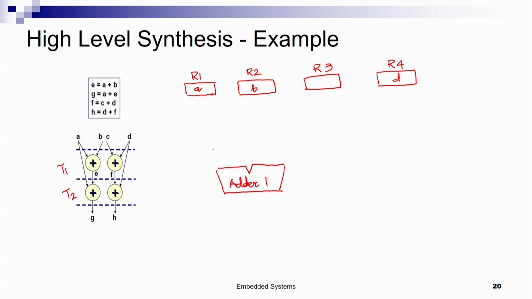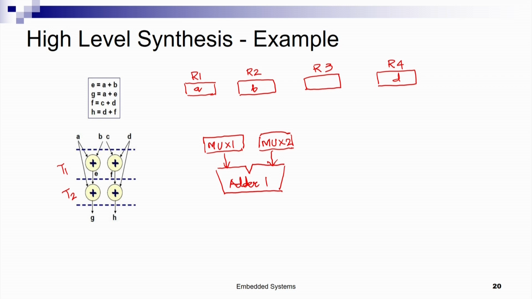We said that the inputs to the adders are connected through muxes. This one is mux 1 and this one is mux 2. So, this one is one input to the adder, this one is the other input to the adder.